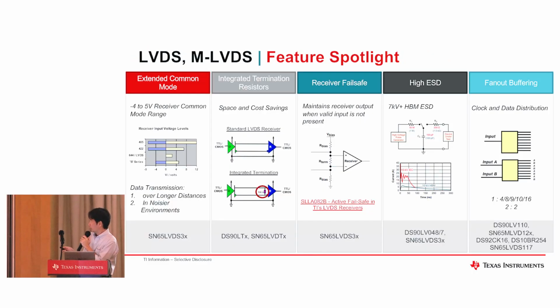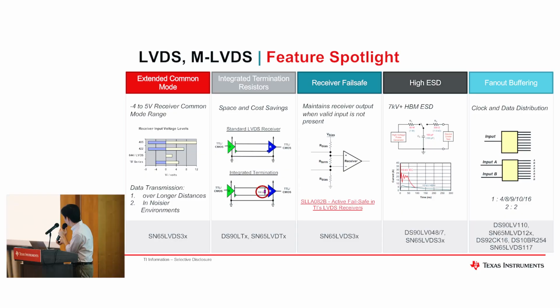Okay, so this highlights some product features. One thing I would like to highlight here is that with LVDS device transmission, you will need a termination resistor. So we integrate the termination resistor inside the chip.